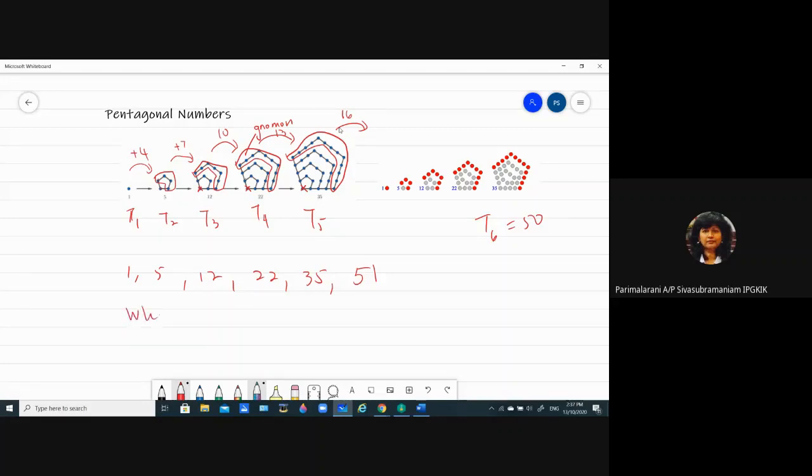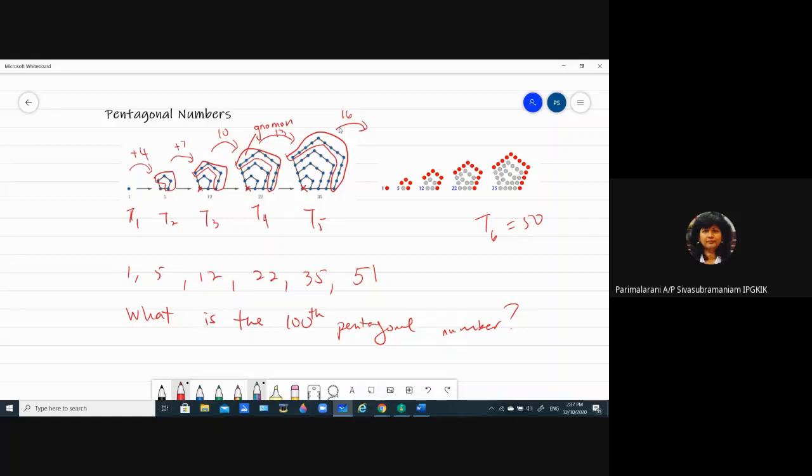Let's see. What is the 100th pentagonal number? Anybody? Do you see a pattern here? Yes, but it cannot derive the formula.